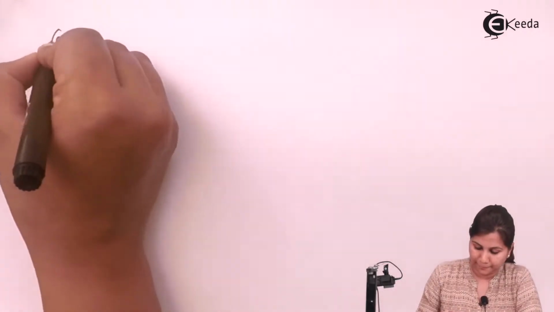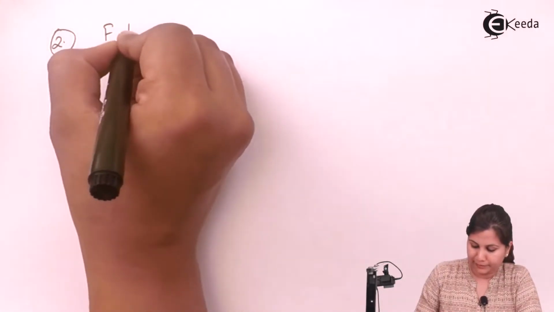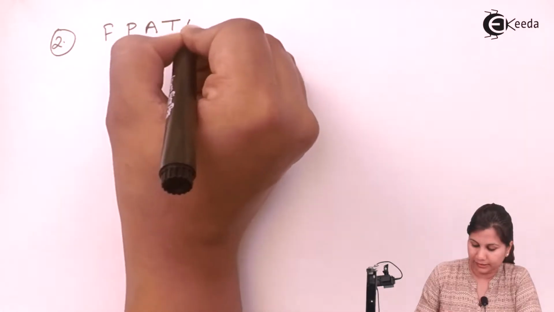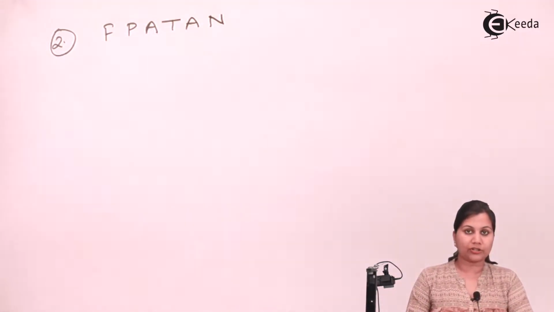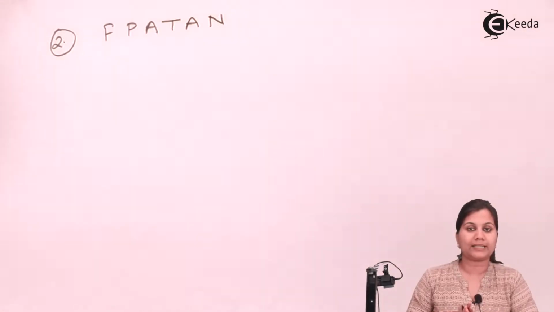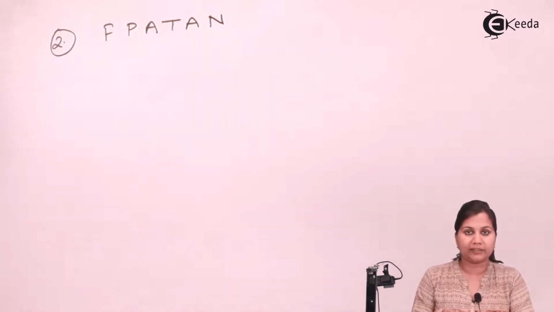Now the next instruction is FPATAN. You can see that in these instructions, no source and no destination is specified. So the operand is implicit, present in ST, that is the top of the stack. No other operand is to be specified in the instruction.